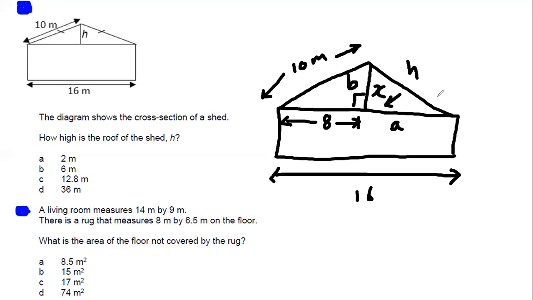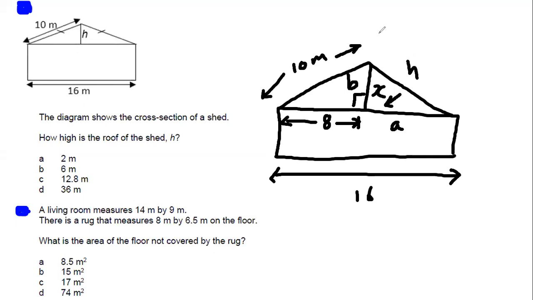So what I was saying, if H is the longest side, then A and B must be the two short sides.